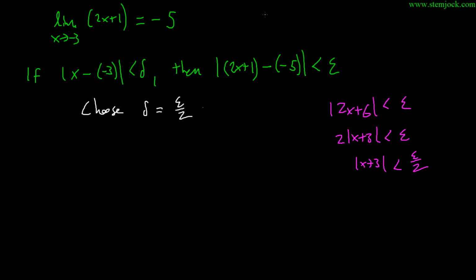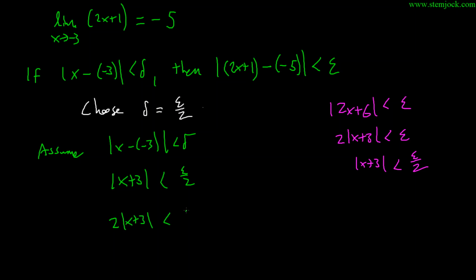Now I can begin the argument. Assume the absolute value of x minus -3 is less than delta. So then the absolute value of x plus 3 is less than, since delta is epsilon over 2, epsilon over 2. Now I'm going to multiply both sides by 2.